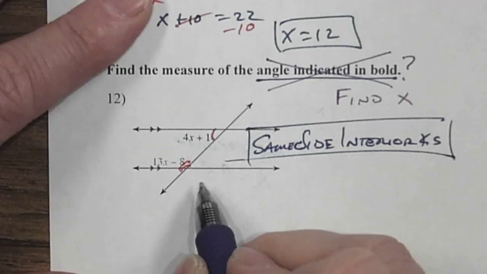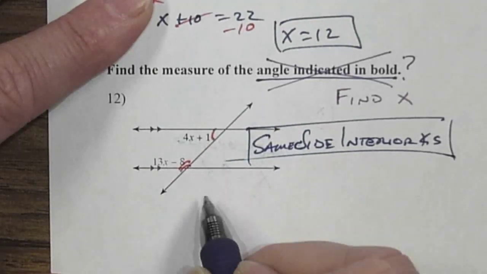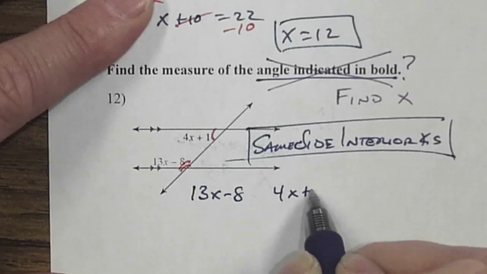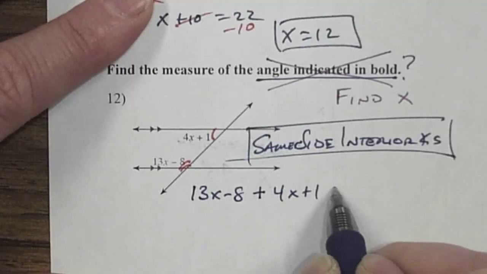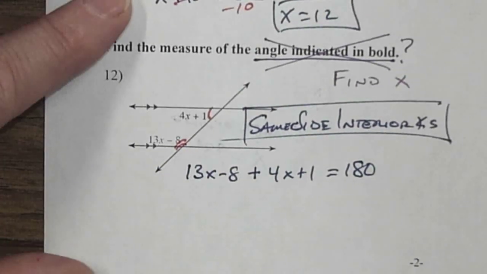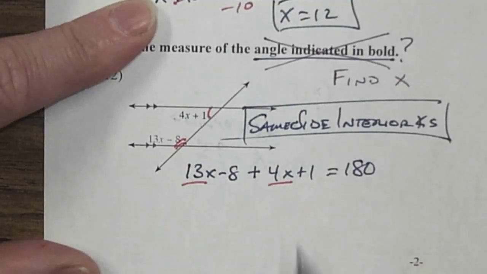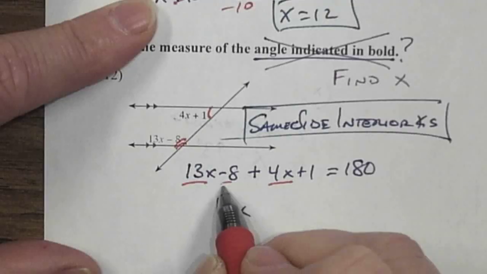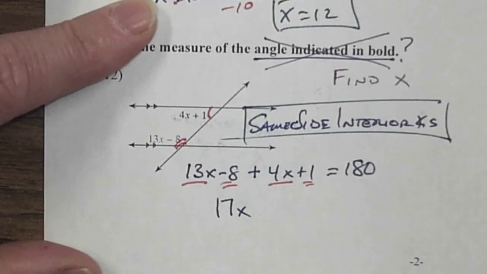What do we know about those? Same side, acute, obtuse, we know that they add up. We're going to take both of these angles, add them together, and they equal 180. So we need to know which ones do what. We need to memorize. So 4x and 13x, that's 17x. And then negative 8 plus 1 is negative 7.